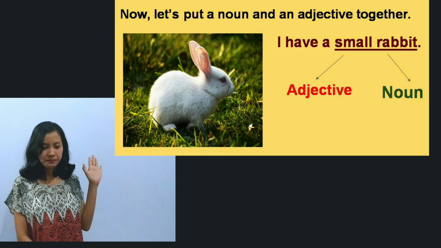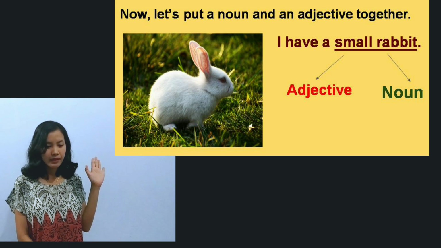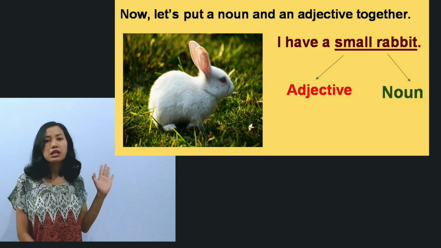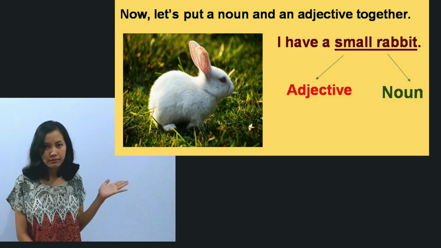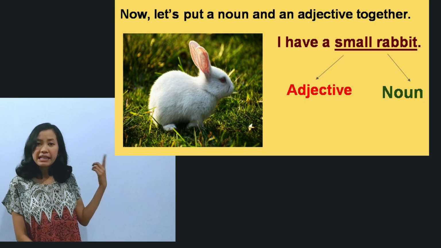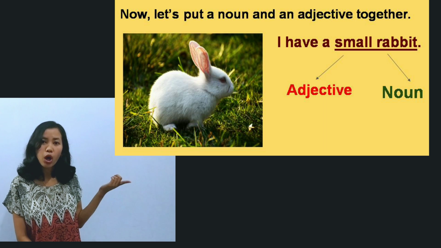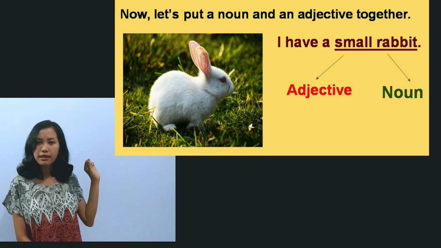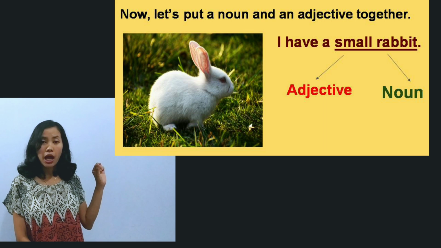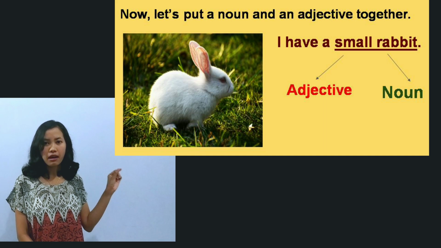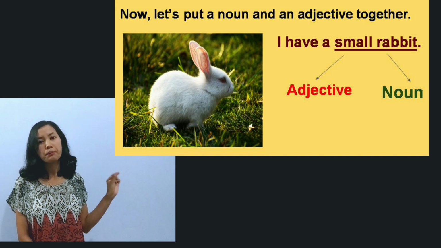You can look at this example. You can look at this cute picture. I have a rabbit. I have a small rabbit. Small here is an adjective. Jadi small di sini masuk dalam kata sifat atau adjective. And the rabbit is a noun. Rabbit itu berarti kata bendanya.